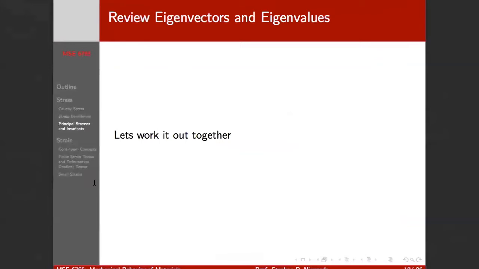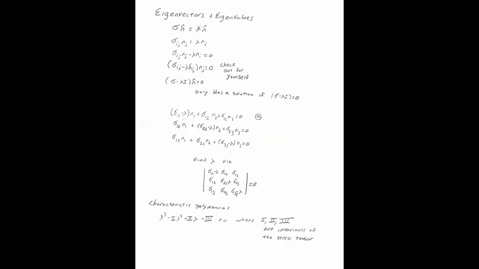So for those of you who need a little refresher, remember we're solving sigma n equals lambda n. This is the equation that we're interested in, or sigma ij nj equals lambda ni. We bring this over: sigma ij nj minus lambda ni equals 0.